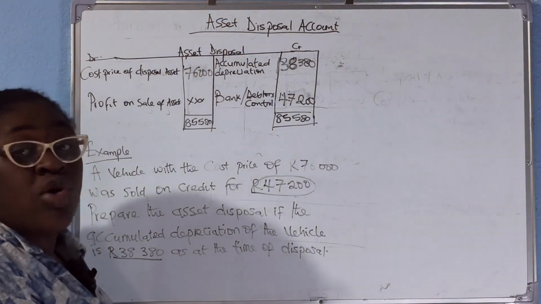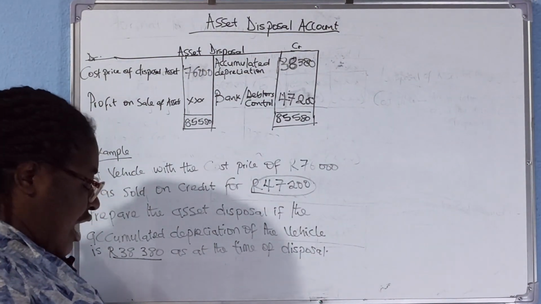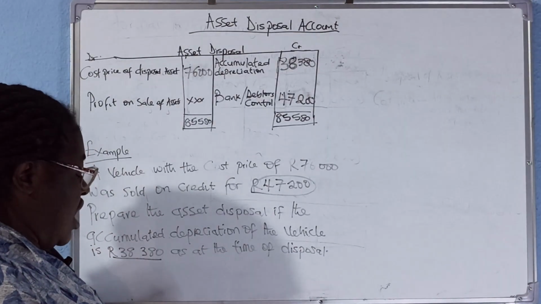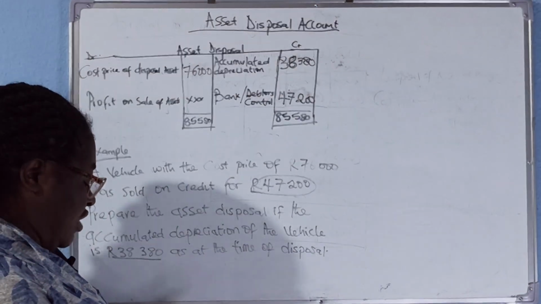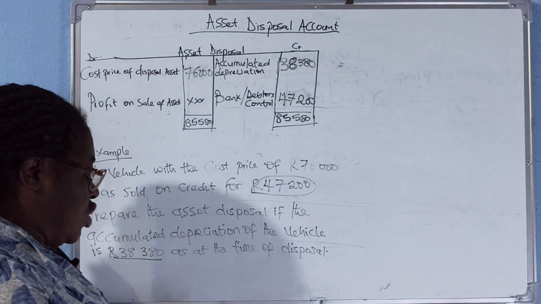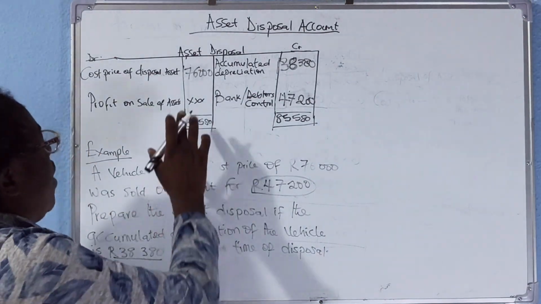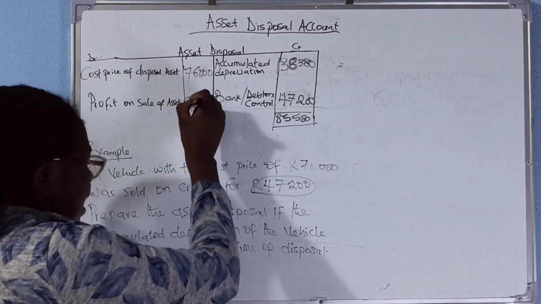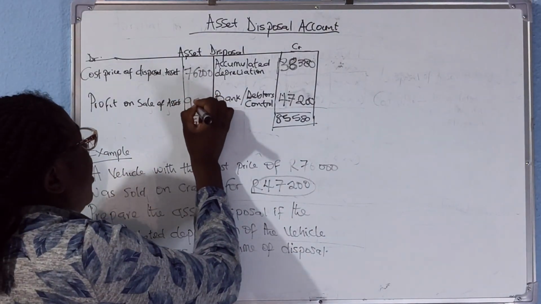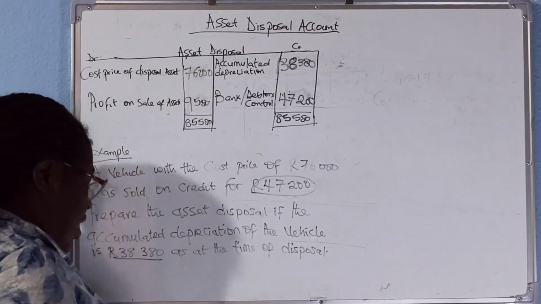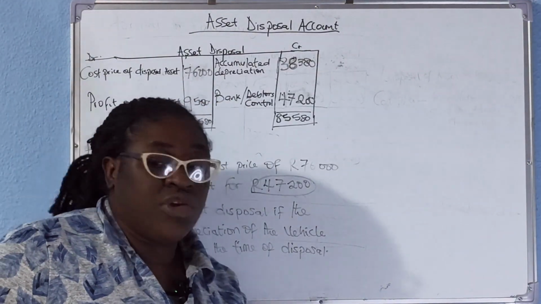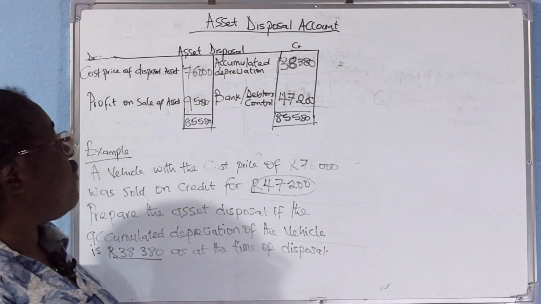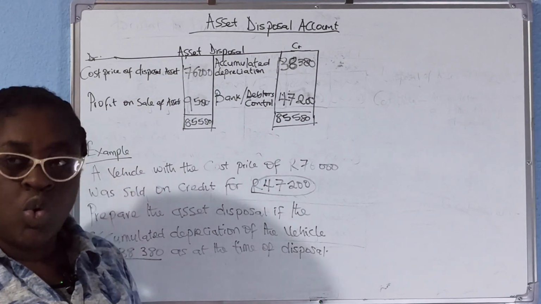So it means we are going to have a profit, and our profit will be 85,580 minus 76,000. We are going to be having a profit on the sale of assets, which is 9,580. And that is how we calculate the fixed asset note.